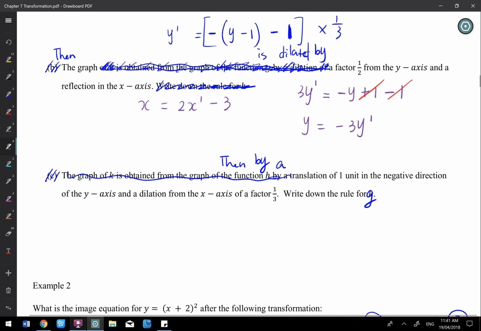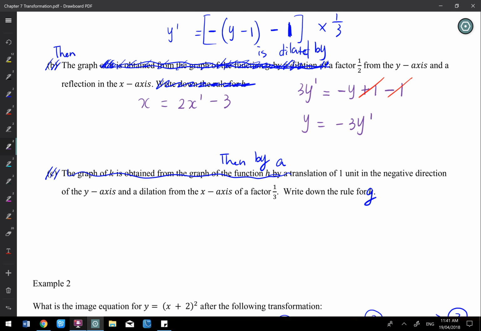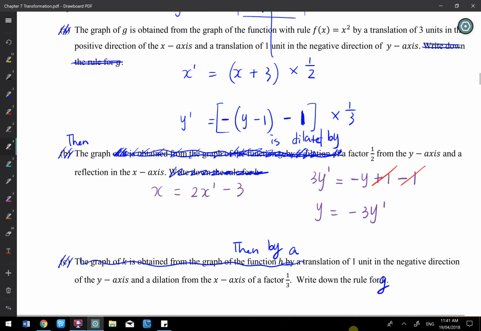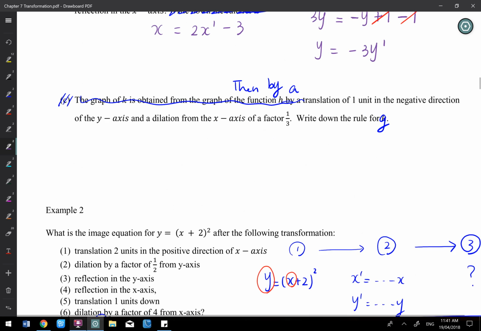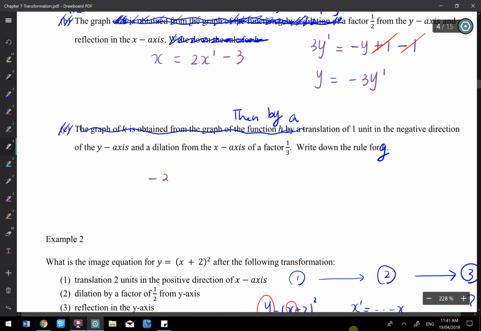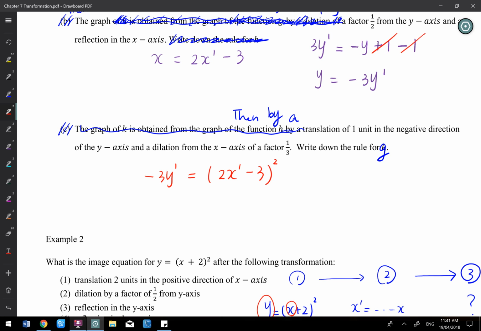Then next step is substitution. We substitute things in. What we should substitute is y equals x squared. So y is minus 3y dash, x is 2x dash minus 3, and then squared. Alright, I want to talk about the skill for that.